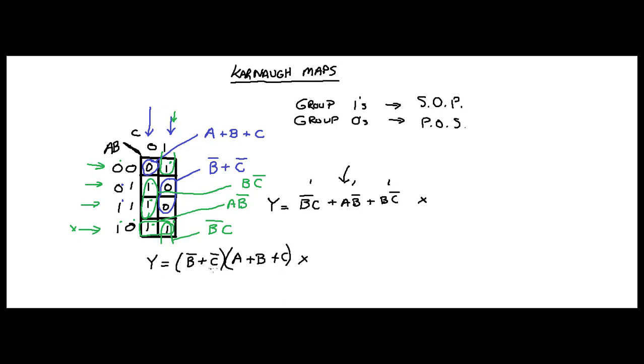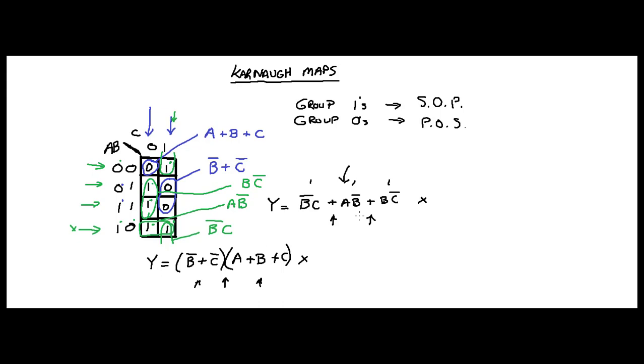This one would require 1 AND gate because you would only have to AND these two inputs. But here you would need an OR gate here and a 3-input OR gate here. Here you need 2 OR gates. Alright? So you have different methods of doing the same thing. This specific video is really about grouping them using the POS method.